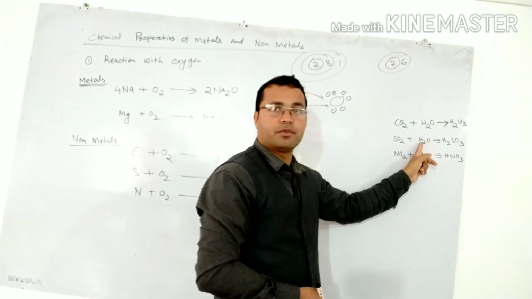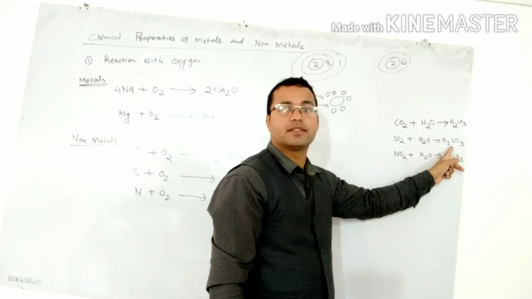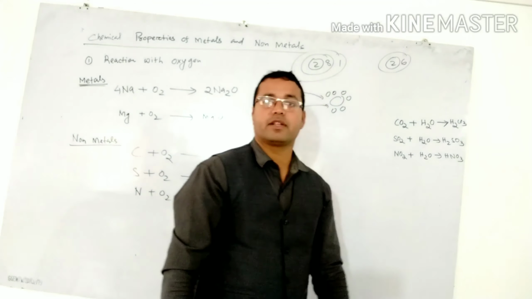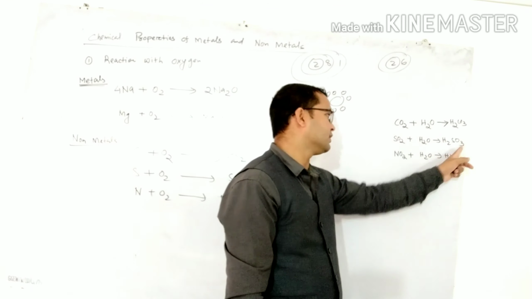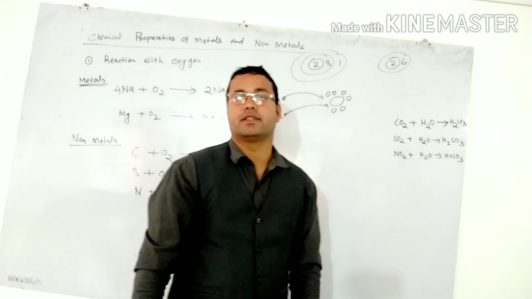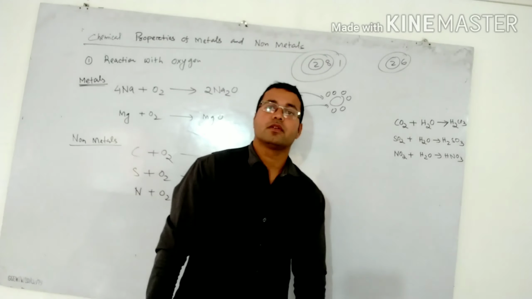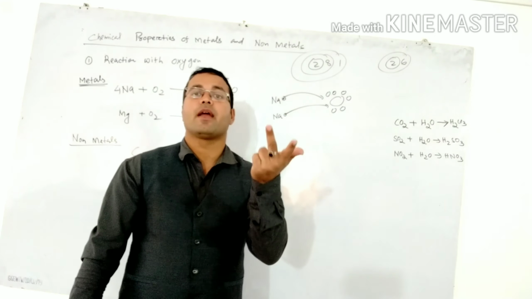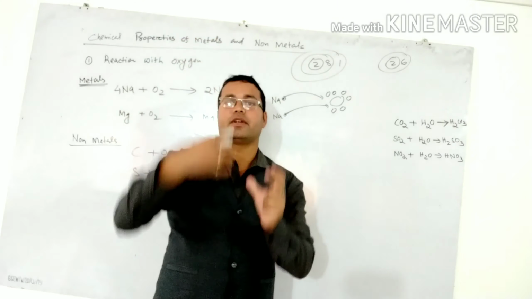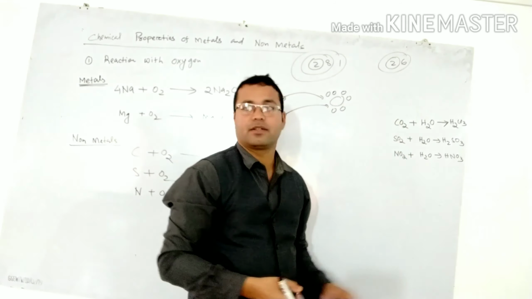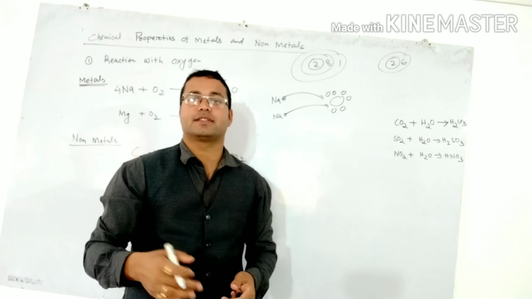Sulfur dioxide reacts with water and produces sulfurous acid, not sulfuric. If it is SO4, then it is sulfuric acid. Nitrogen dioxide reacts with water and produces nitric acid. Generally these gases are generated from industry, and when rain comes, they react with rainwater and produce acid rain. That's why these gases are called acid-producing gases.